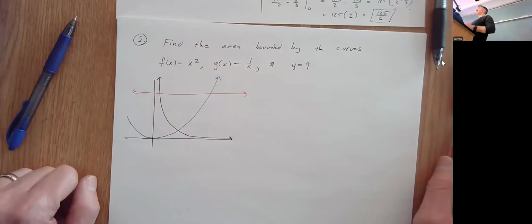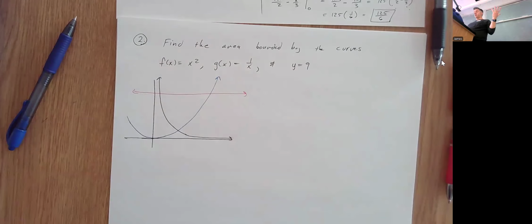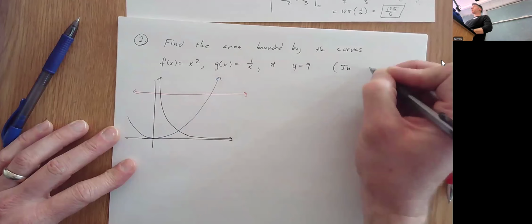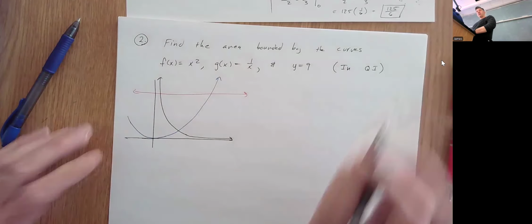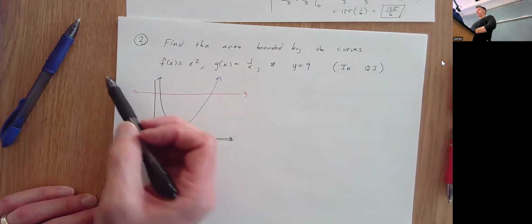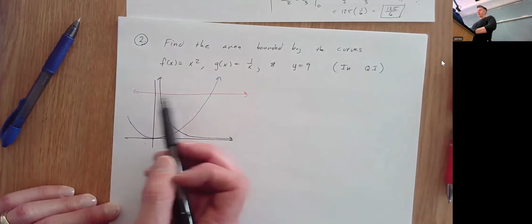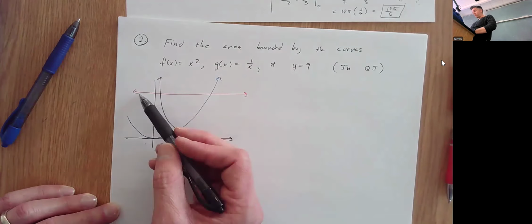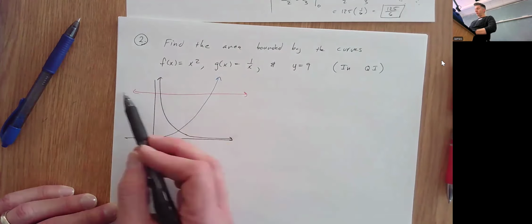When you're finding the area bounded by some number of curves, it has to be the region that... I knew I was forgetting to say one thing. In quadrant 1. Because technically, if I extended this parabola further left, this y equals 9 would intersect the parabola. And you could say, well, James, there's a region over here to the left that's bounded by your red curve, your blue curve, and your black curve.